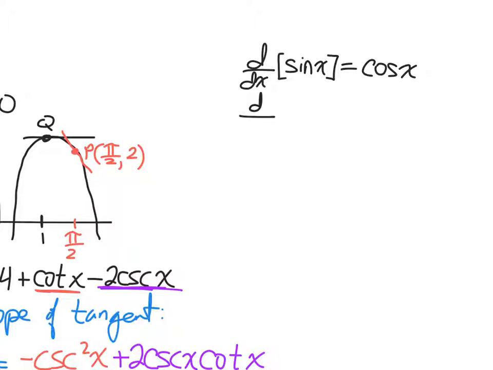I'm going to go with the 3 most important ones, which again is not SOH, CAH, TOA. It's sine, secant, and tangent. Secant x has a derivative of what?